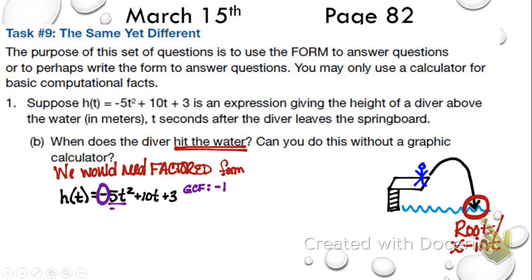That means we're going to divide everybody by -1. So I would have h of t equals, bring that -1 out to the front. What do I have left then? 5t squared minus 10t minus 3.